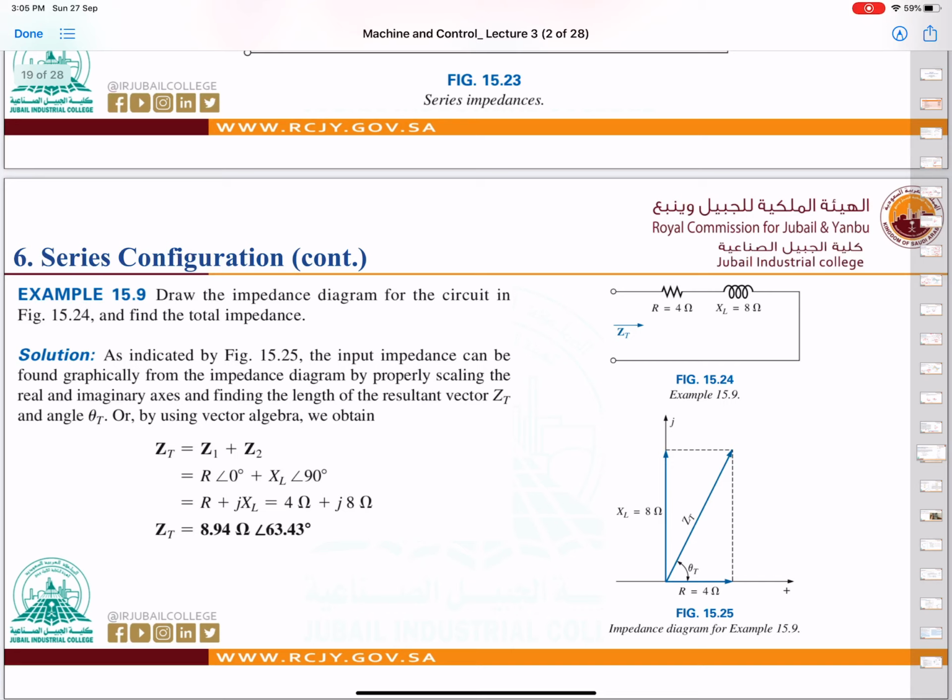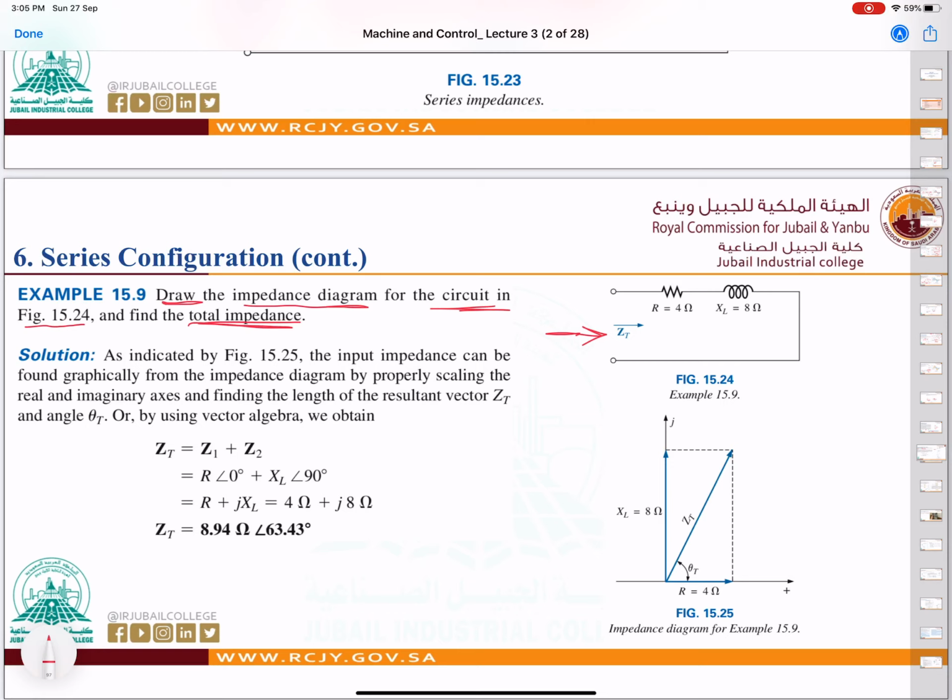Now this example, example 15.9, says: draw the impedance diagram for the circuit in figure 15.24, which is this one, and find the total impedance.